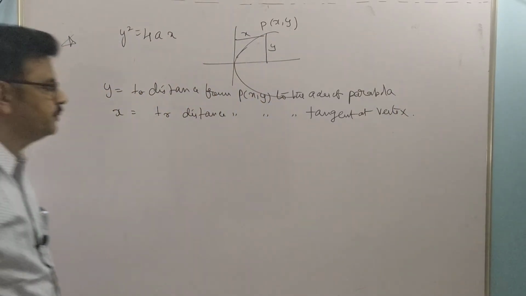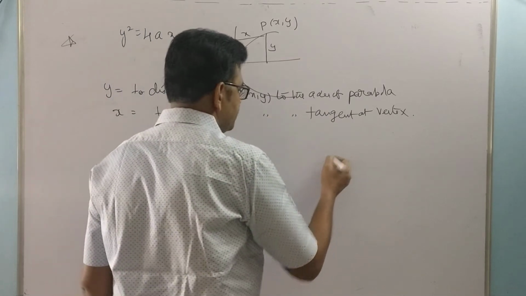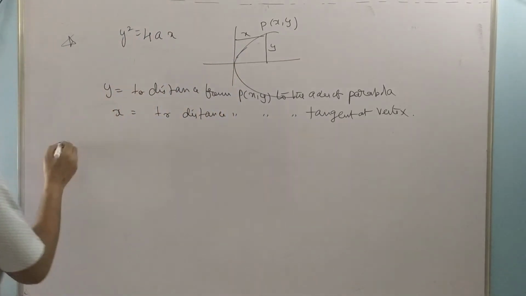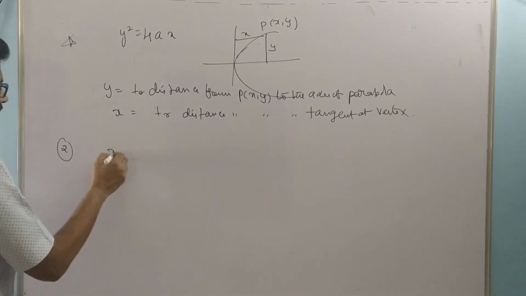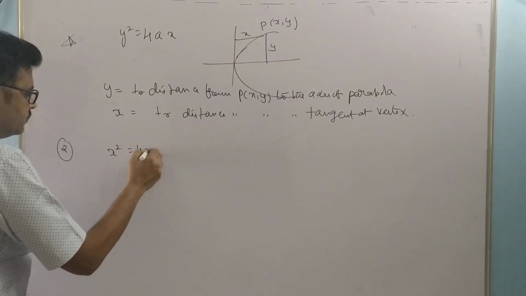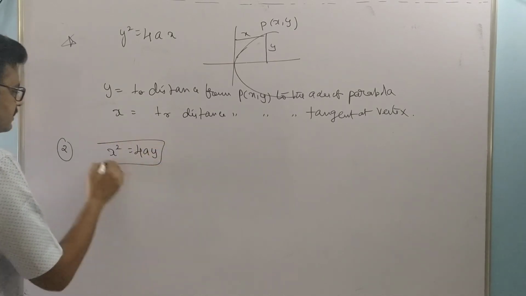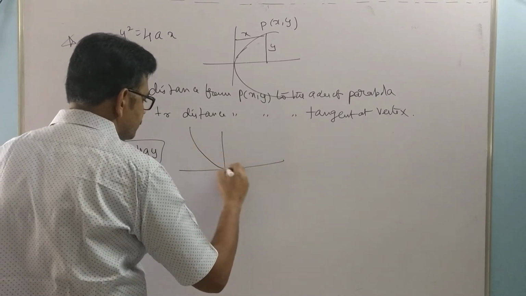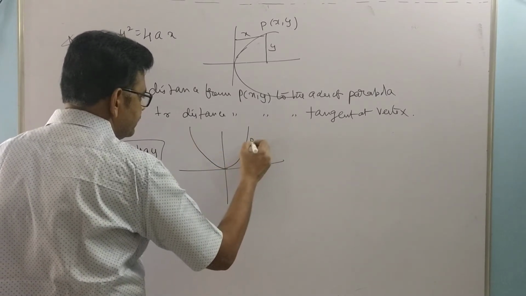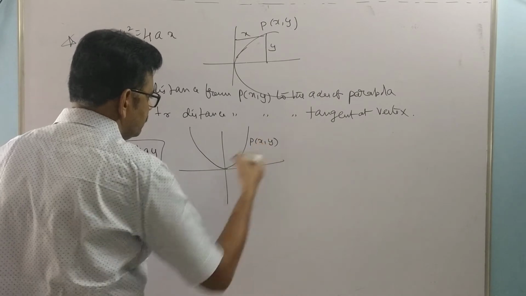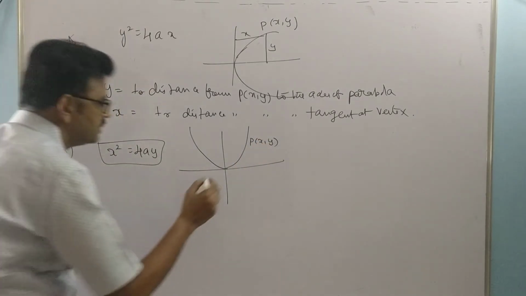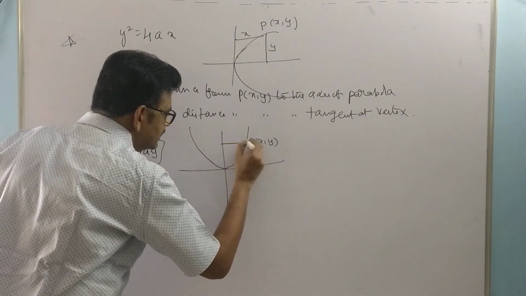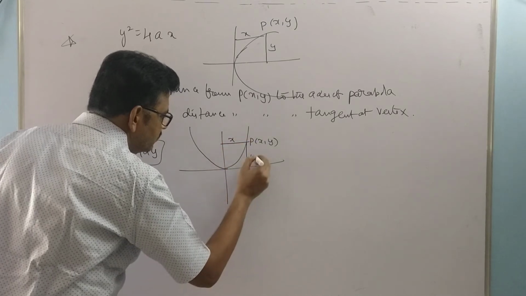Now if you take the parabola x square equal to 4ay, the point is P (x, y), where this is x and it is y.